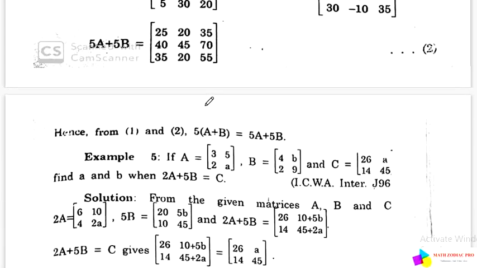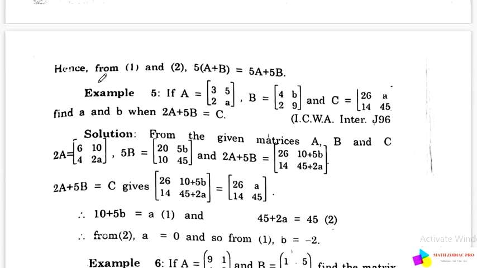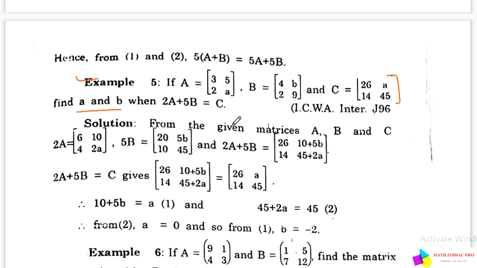Okay, and next one, example 5. If A equal to 3, 5, 2A, B equal to 4B, 2, 9, and C equal to 26, 14, 45. Find the value of A and B when 2A plus 5B equal to C. First find 2A, and next 5B, and then 2A plus 5B.